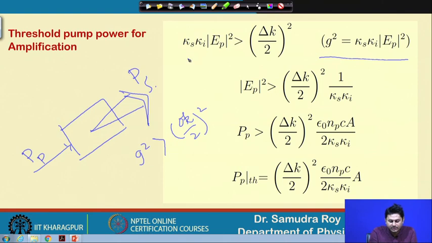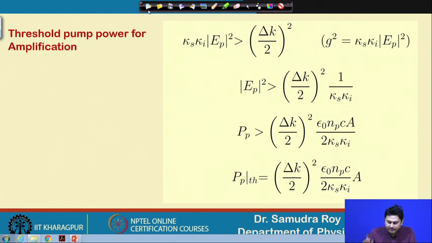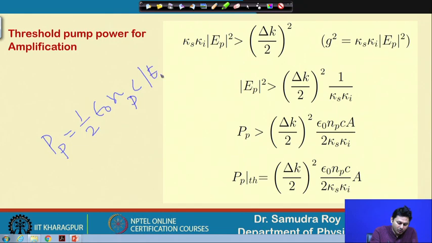So, that is the condition. After putting this condition here, we can see that E p has to be greater than this quantity, and P p, which is related to E p by our normal expression, P p is equal to half epsilon 0 N p c mod of E p square a.